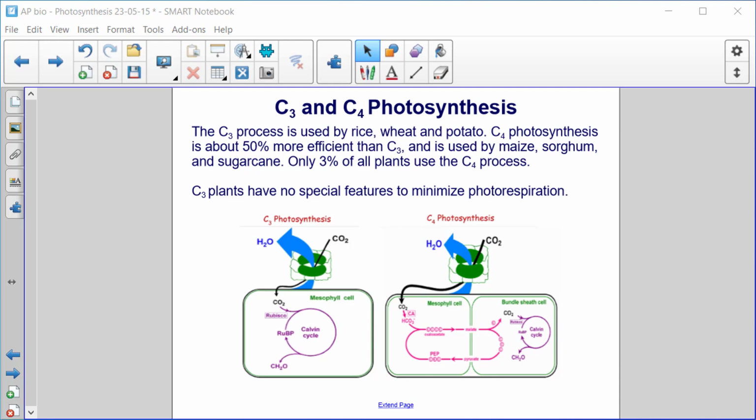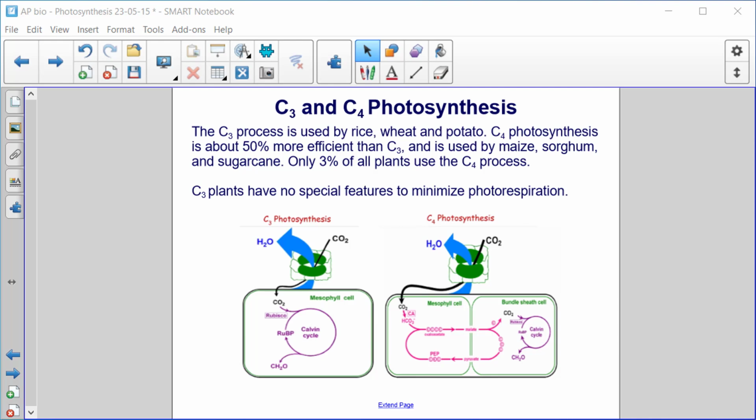Only 3% of all plants use the C4 process. C3 plants have no special features to minimize photorespiration. In other words, it's a less efficient process because there are no features to minimize this wasteful photorespiration.